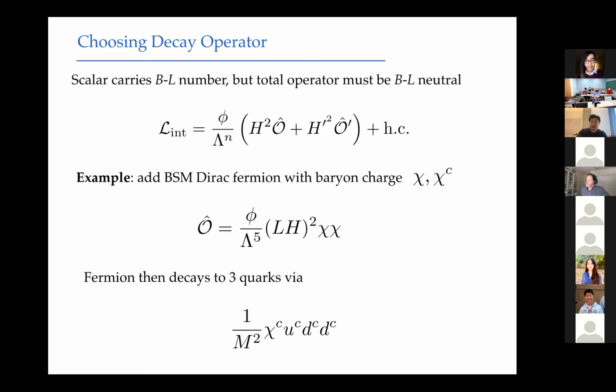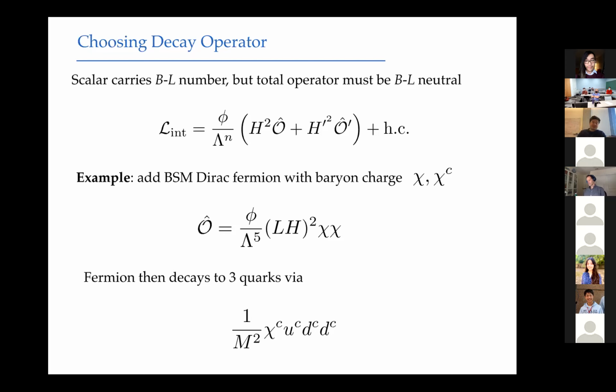Notice that it's chi and not chi conjugate. And we might gauge B minus L in order to ensure that you couldn't just write down this operator all by itself. You would need to ensure that these things come in the right combination, the kind that we see here. And that puts this operator at fairly high dimension. We need a lambda to the 5th downstairs.